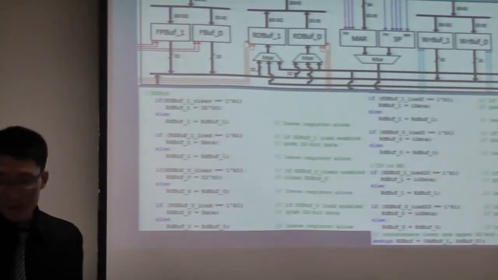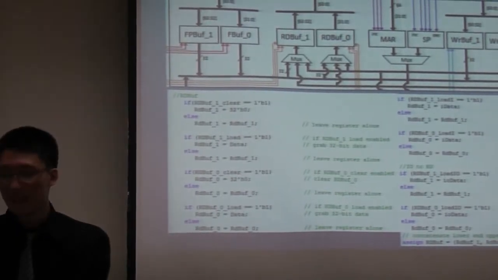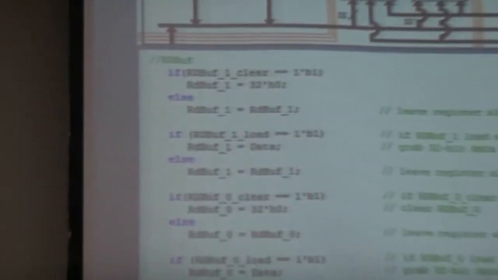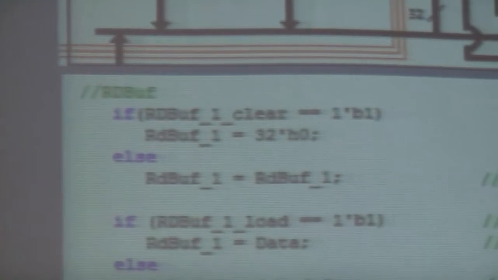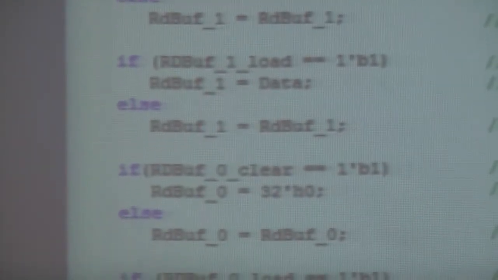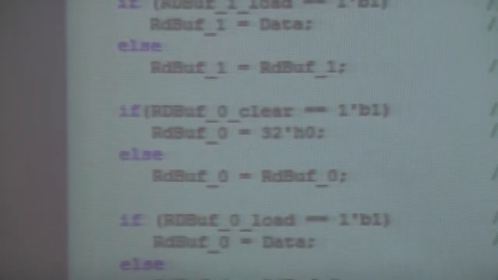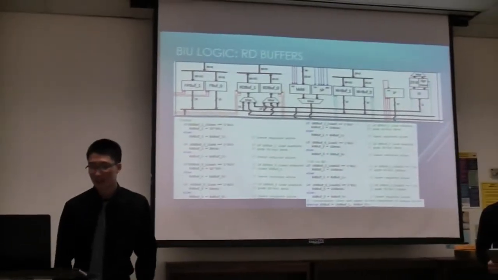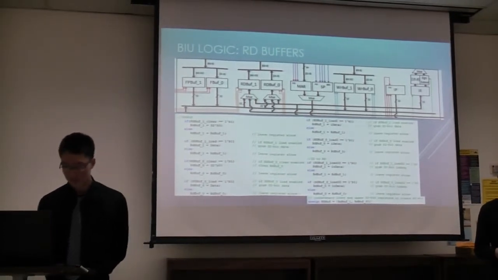The RD buffers contain the data that is to be written to the floating point registers or the integer data path registers. Once filled with data, they are combined into a 63 or 64-bit bus.